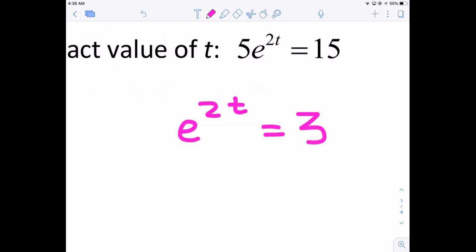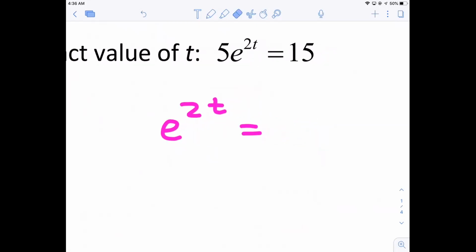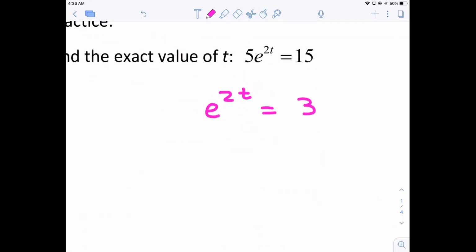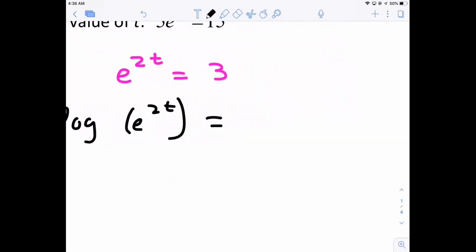To get this out of the exponent, we're going to be using our log rules. What I could do at this point is take the log of both sides. So I can take the log of e to the 2t, and I can also take the log of 3.